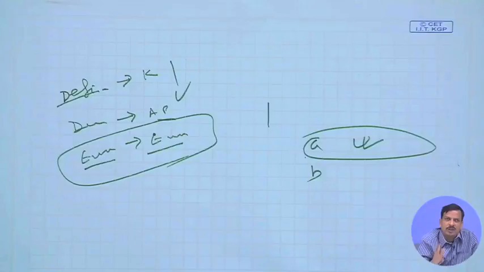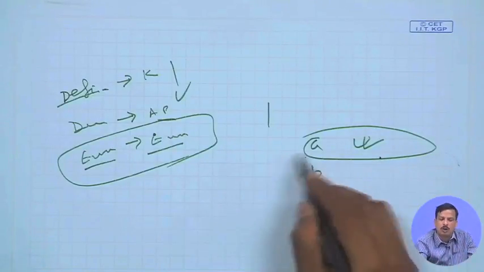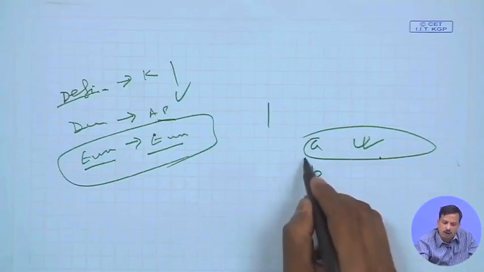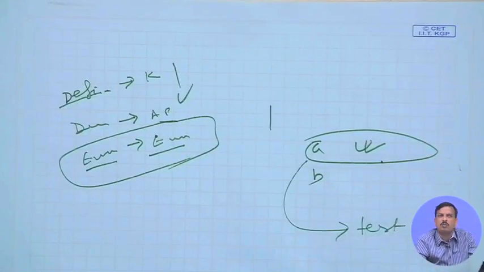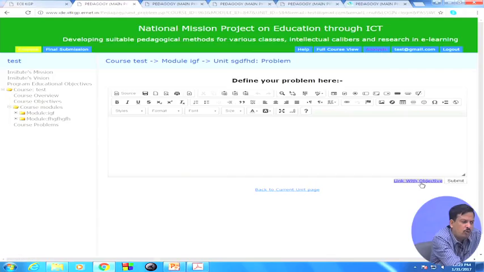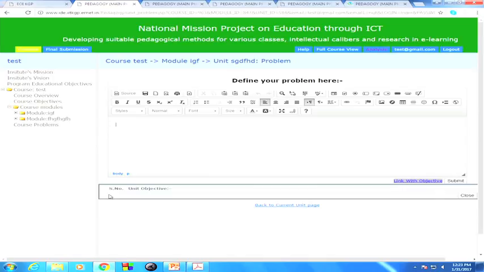So, I want to measure whether I reached that outcome or not. How do you measure? By providing a test. So, each objective must be linked with a test item which is called a problem, a unit level problem. So, a unit level problem is linked to a unit objective. If you click link with objective, all objectives will drop down here. You just provide the problem and assign the objective.